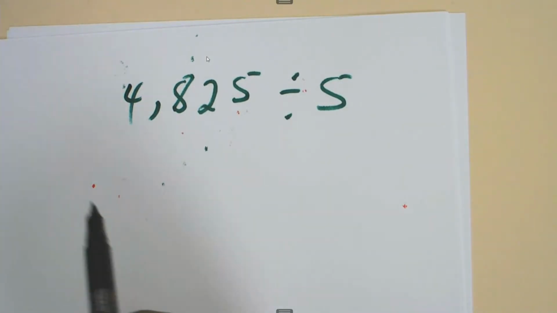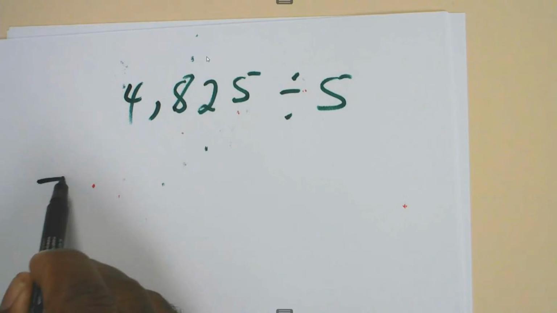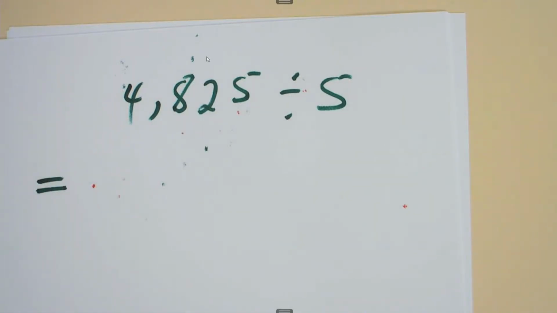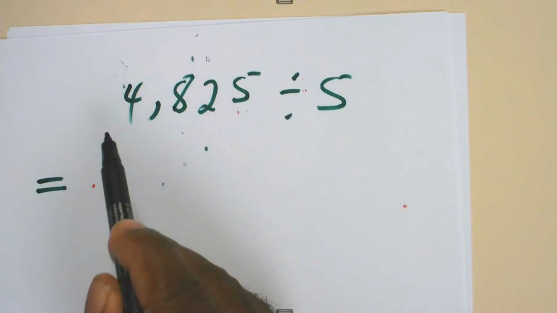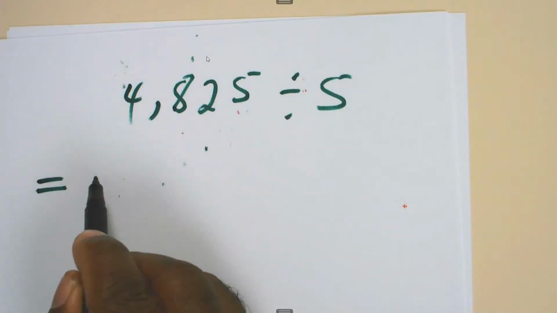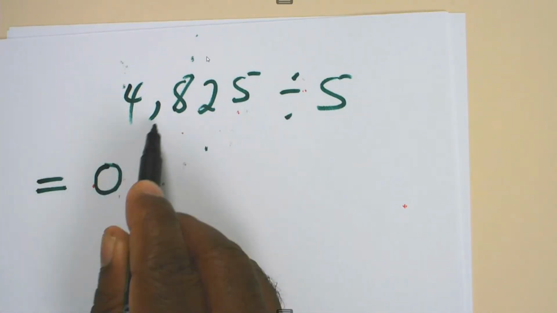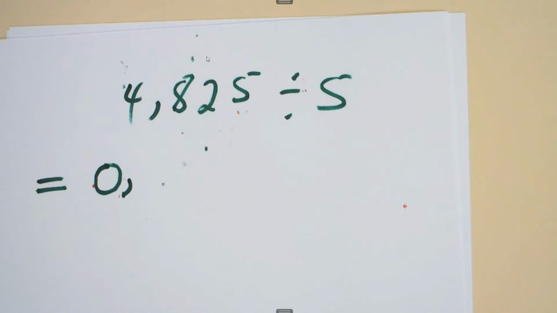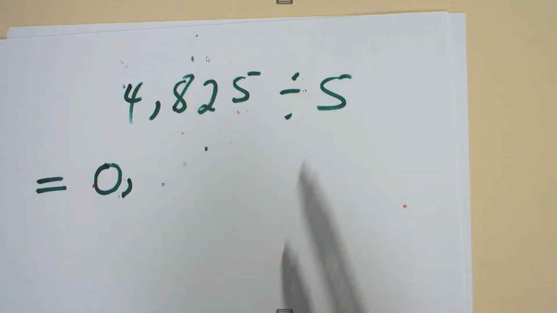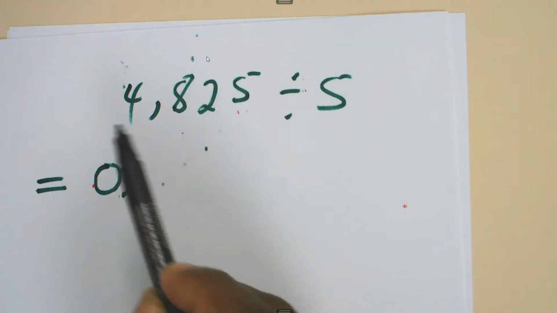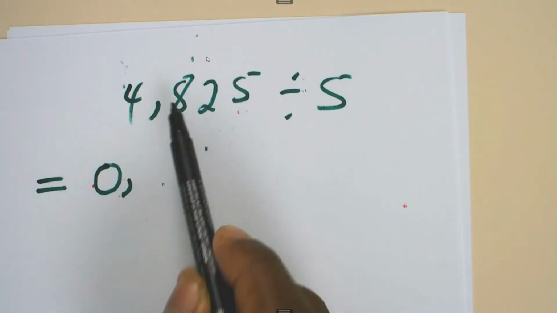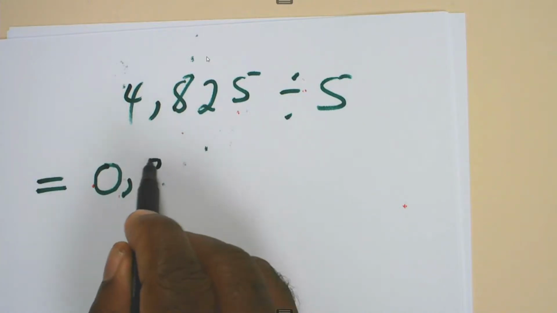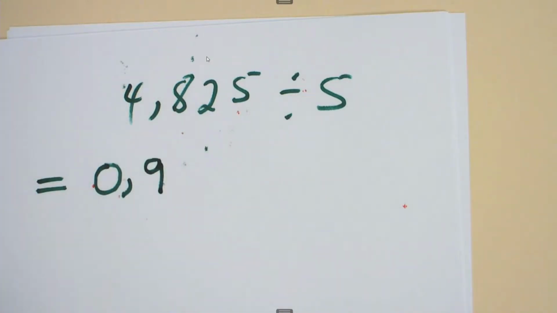Okay. Now we'll say it is equal to, ne? 5 into 4 doesn't go, and then we say 0, comma. And then 5 into 48 tenths, how many times does it go? 9, which makes 45.